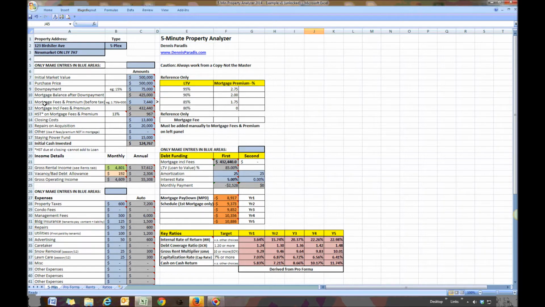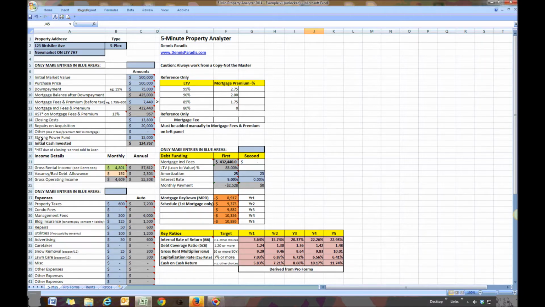You manually enter the mortgage fees, if any. This is just reference information about CMHC mortgage premium insurance, if it applies. If you have a high ratio mortgage, it will, and you plug that in here. And you furthermore can put in closing costs, repairs, if any, on acquisition. And you can plug in another amount here and name it.